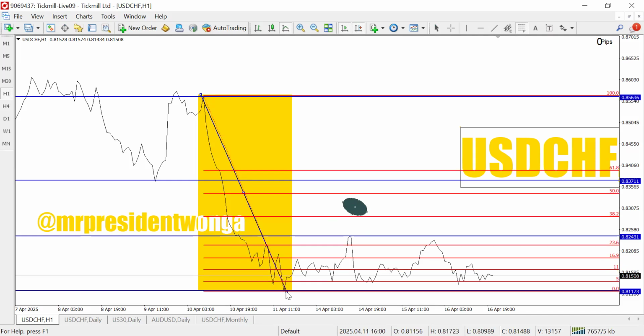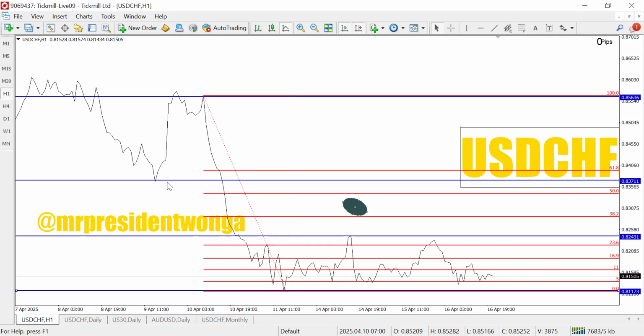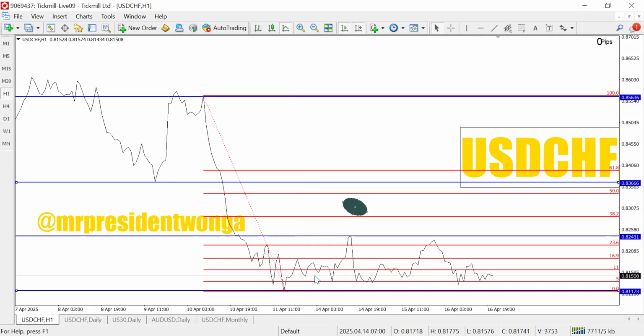I'm going to remove some lines so that you can have only the Fibonacci, and I'm going to remove this too, and that is important. So now this is the low, this is the high. I'm pulling the Fibonacci from which level? From this high, because this is a downtrend towards this low.